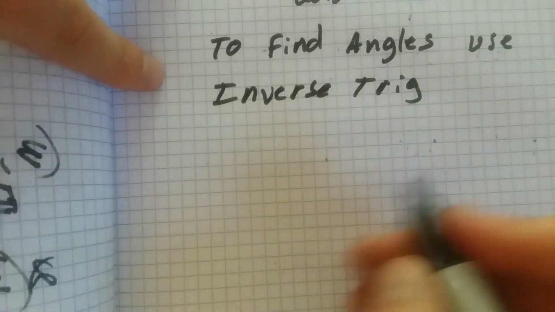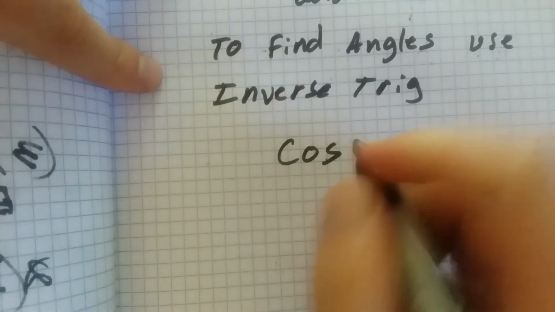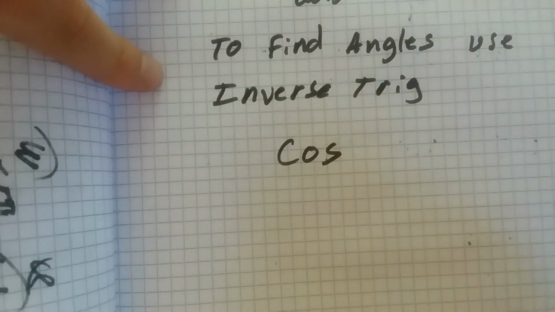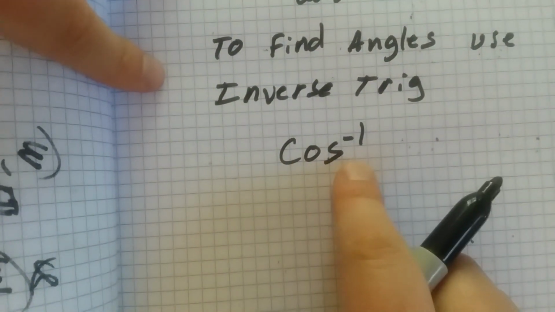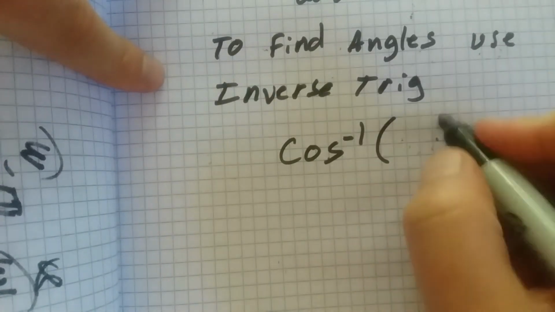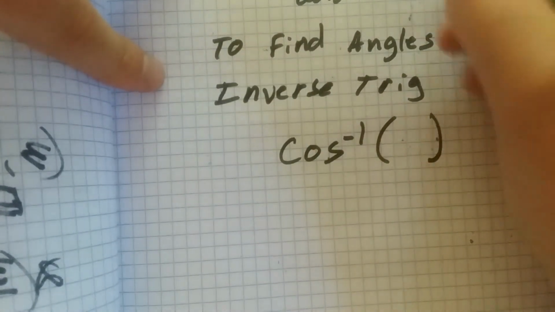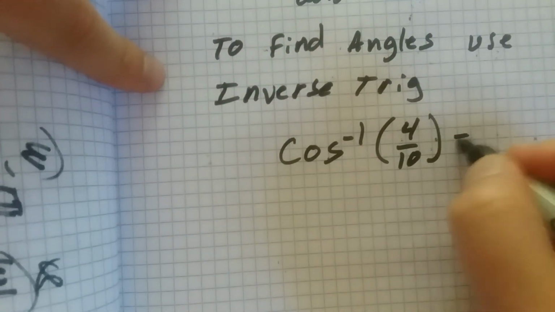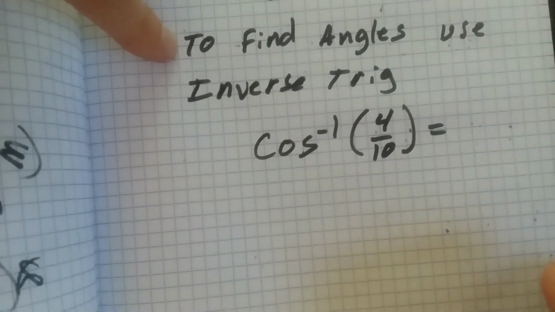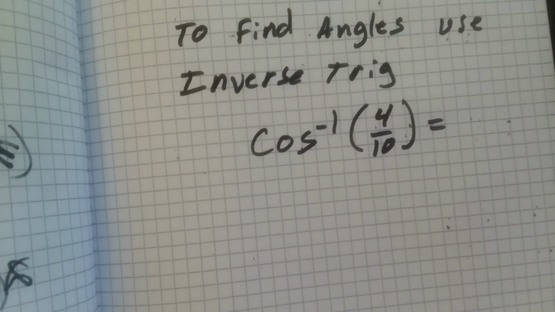Which all that means is I'm going to go on my calculator, I'm going to say cosine, I'm going to push the second button, and I want this to come up, the cosine to the negative 1. And then I'm going to put in that ratio, which is adjacent 4 over hypotenuse 10. 4 over 10. Press enter. The calculator should give you something. We'll see if I've got a calculator that does that on my computer.